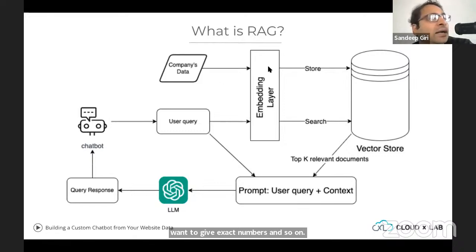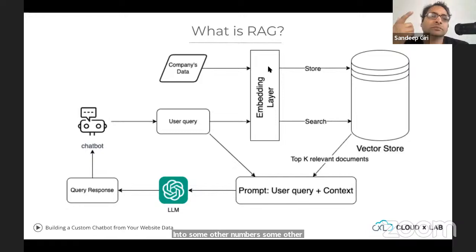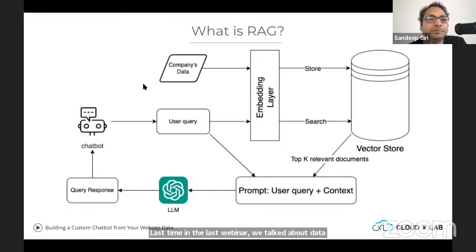There are dedicated machine learning models designed to translate confidential information into some other numbers, text, and so on. In the last webinar, we talked about data synthesis, so take a look at that.